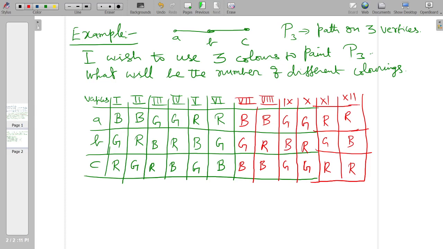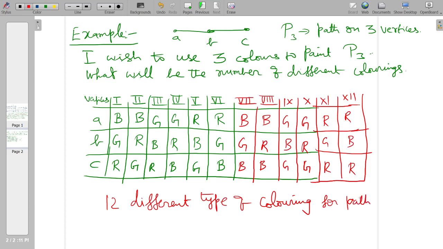So if I have to use 3 colors to paint a path P3, I have 12 different combinations or 12 different types of coloring for path P3 using 3 colors. So these are the different types of colorings that we do.